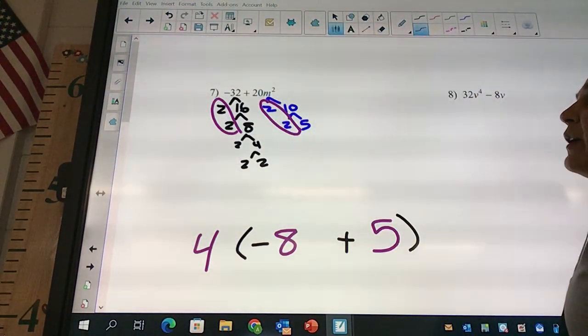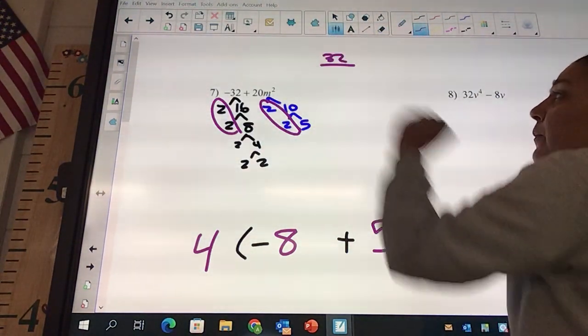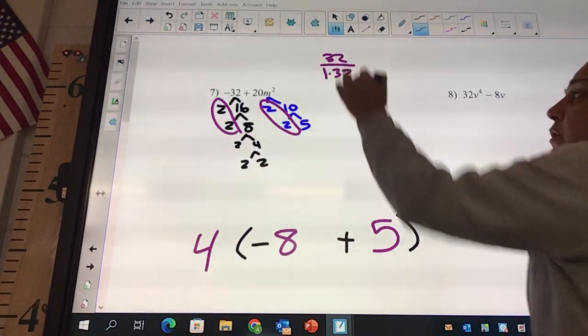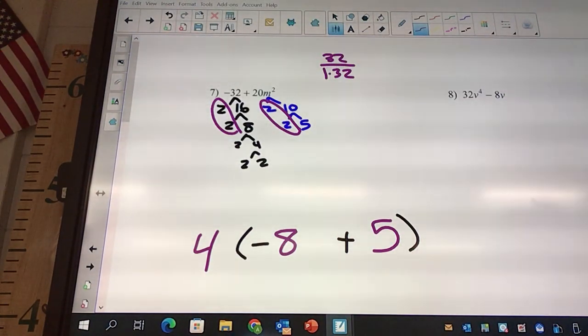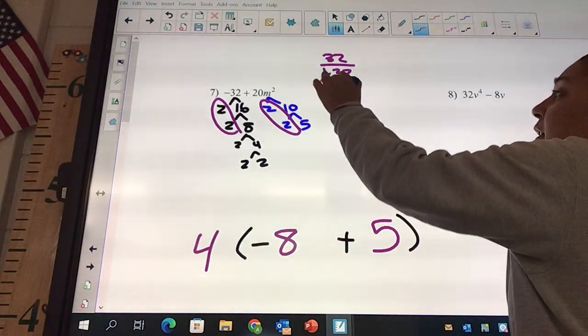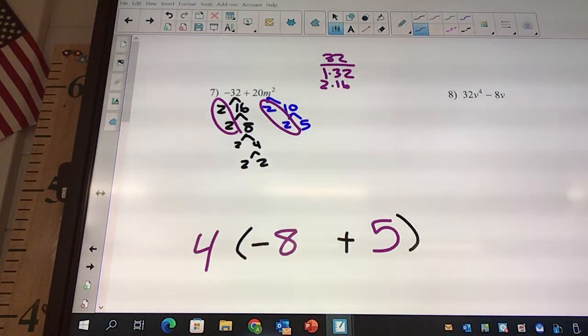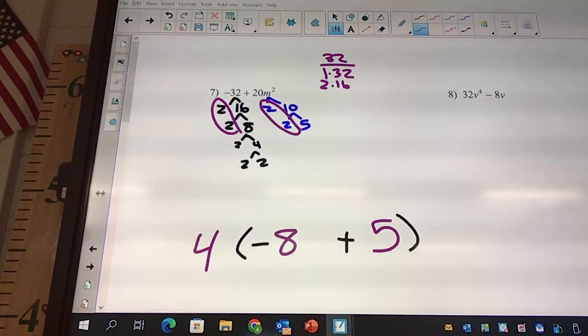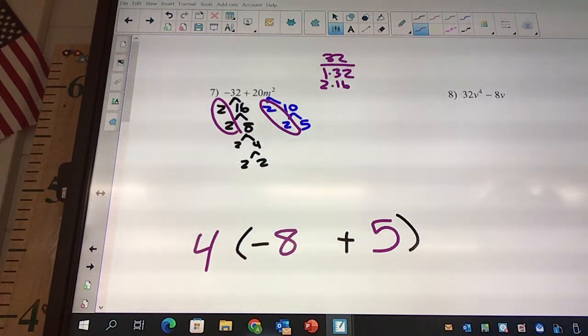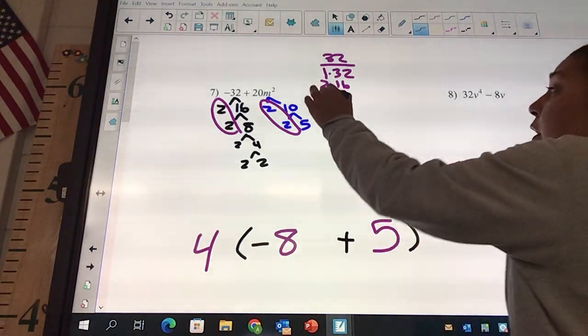The same way that we've been doing like this, 32, you would say 1 and 32. Does 2 go in? 2 and 16. Does 3? Does 4? 4 and 8.